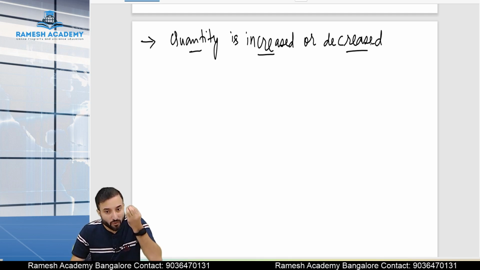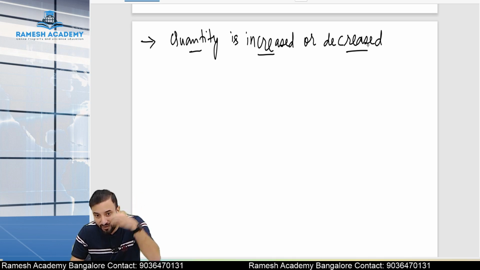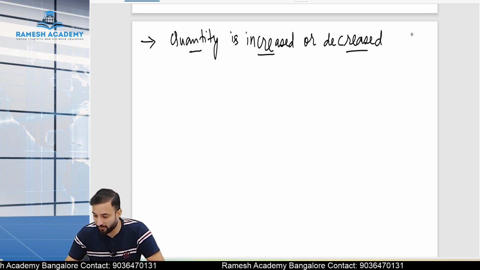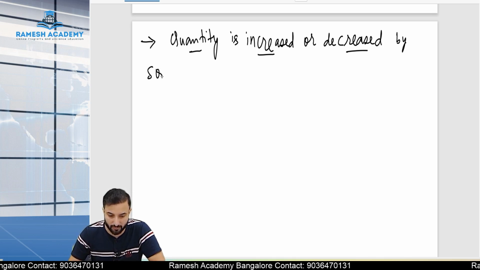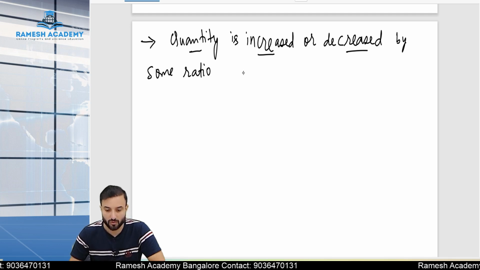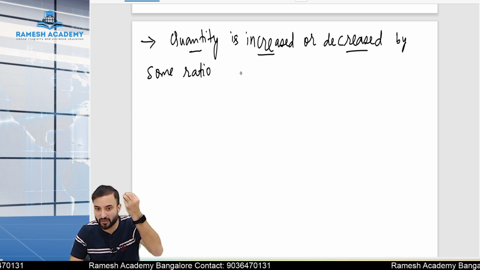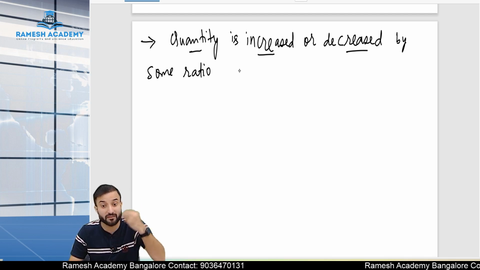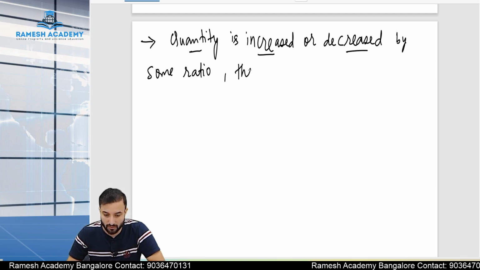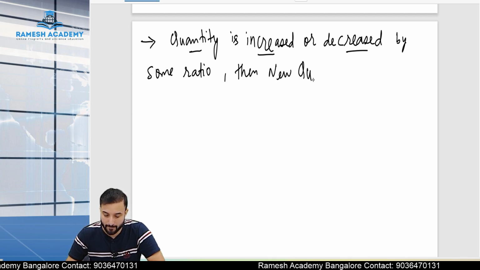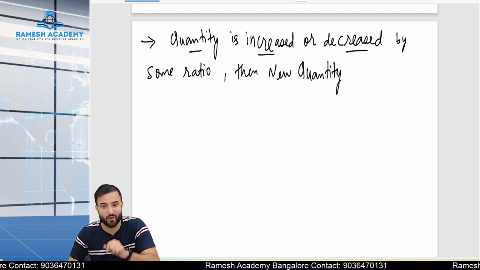So if any quantity is increased or decreased by some ratio, then you have to find the new quantity.